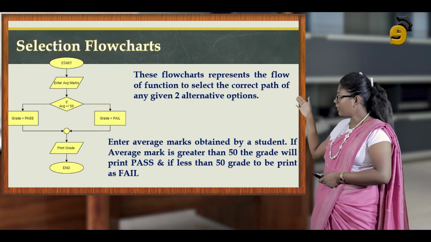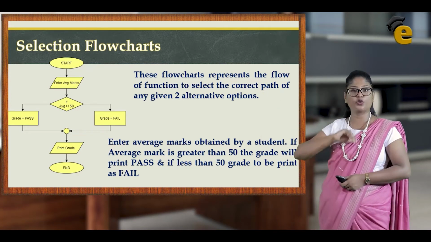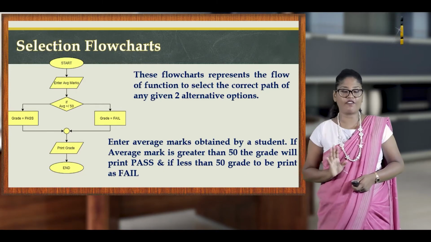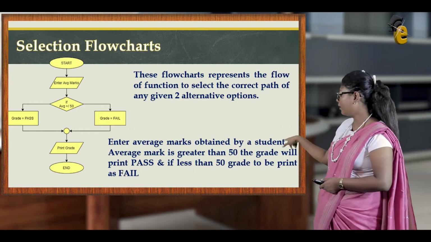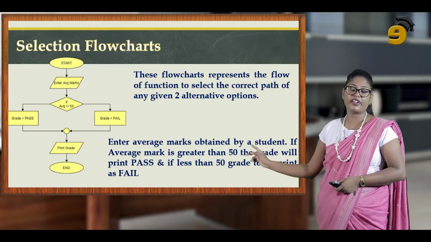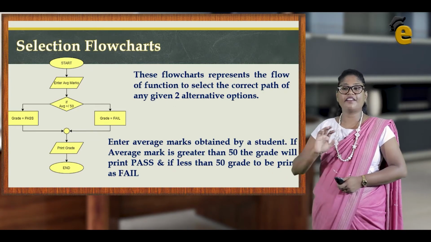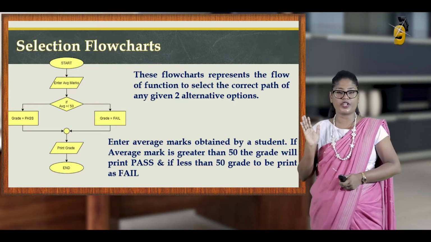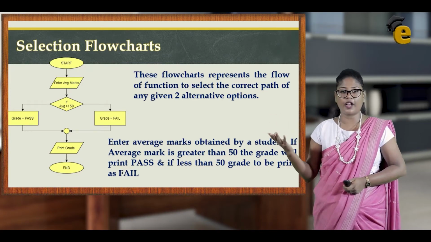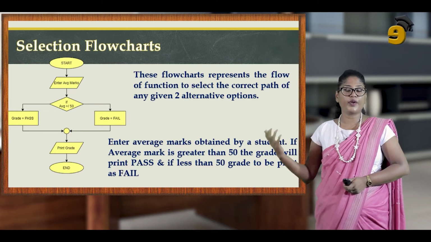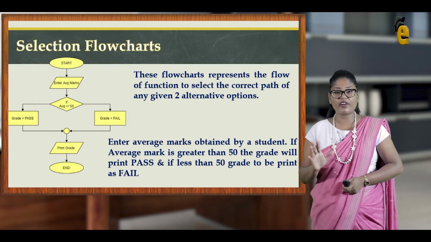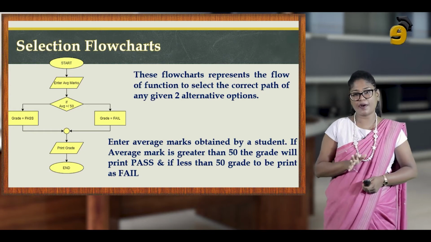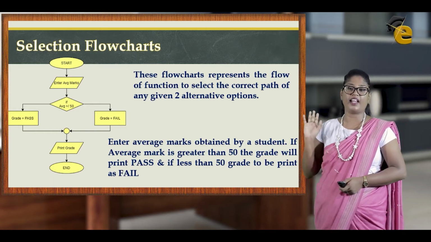In selection flowcharts, a yes or no option always carries out either of two alternative operations. Here at the bottom I have given a scenario. If there is a class of 80 students or maybe 50 or whatever the number on roll, during exam time you will be given a remark: above 50 will be graded as pass, below 50 are failed.